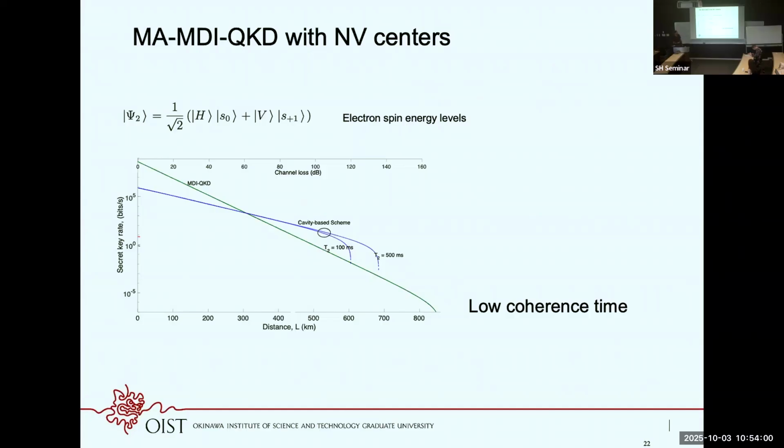As you can see here, we simulated the rate, and you can have some advantage, but for a coherence time of the order of 100 milliseconds, which is quite long. But actually in the NV center, the coherence time of the electron spin is of the order of milliseconds. So that's actually not that good.